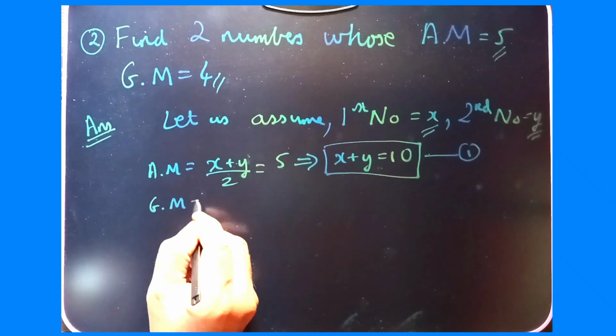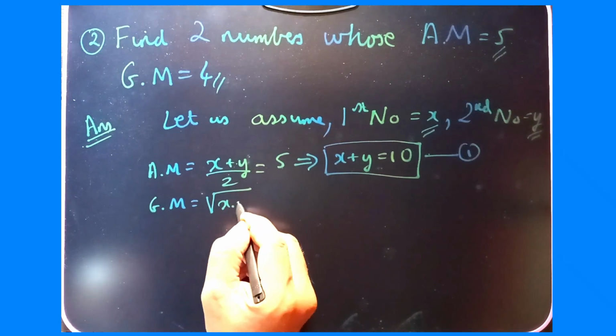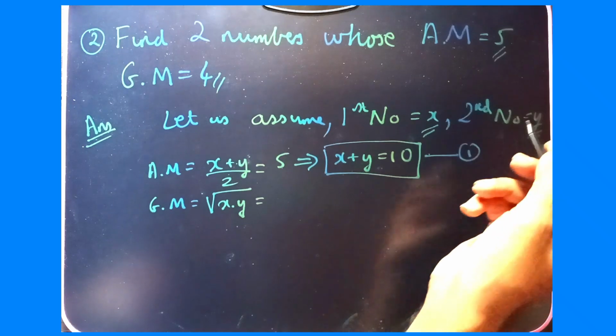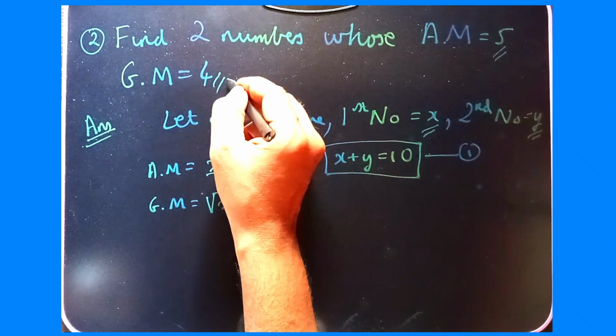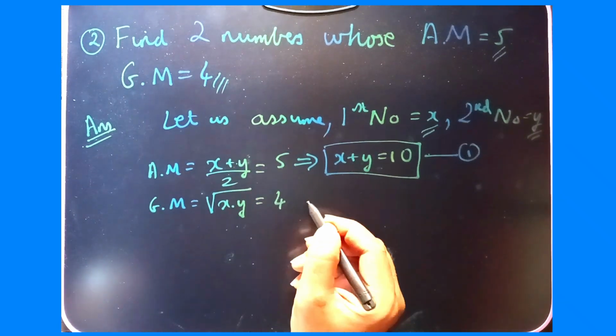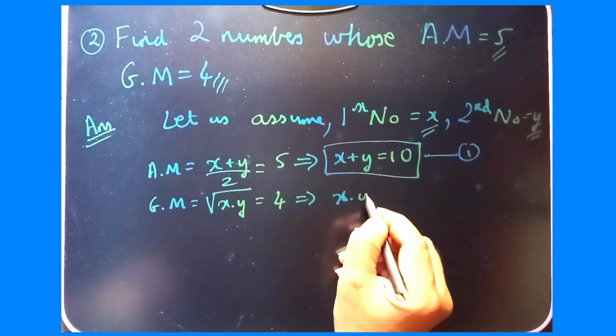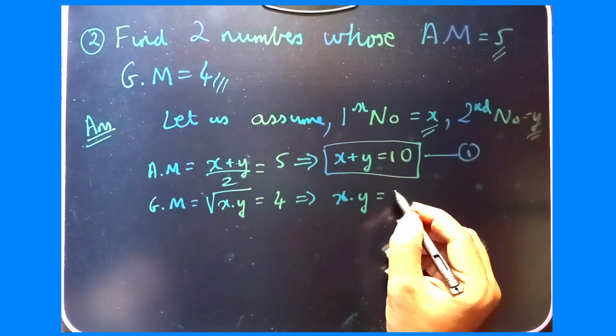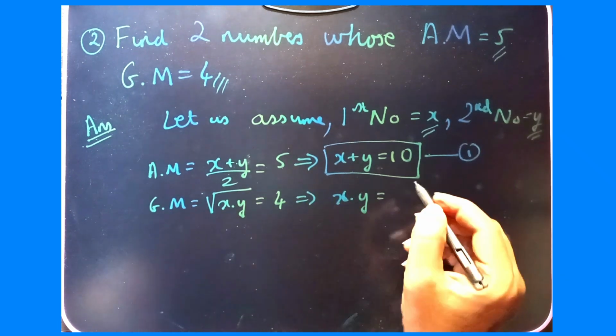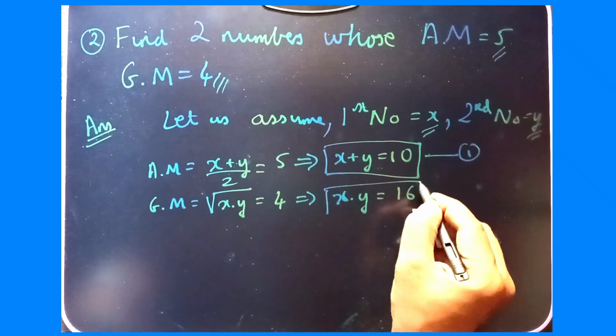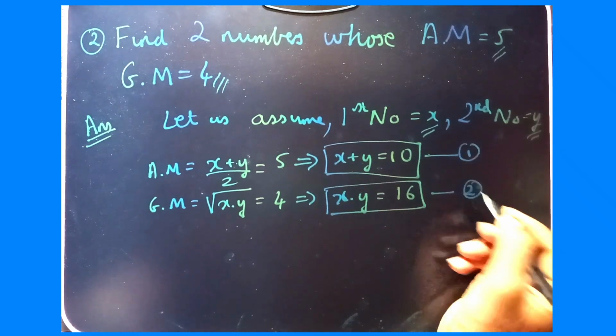Now geometric mean will be square root of x into y, and this is equal to 4, right? So this will give you the equation x into y is equal to, the square root will come out this side, it will become 16. So this is your other expression.